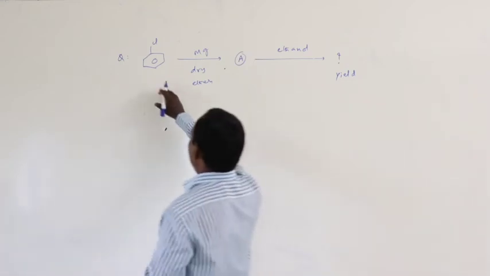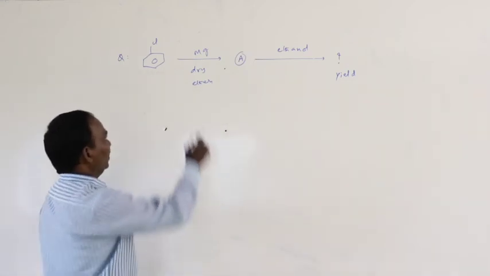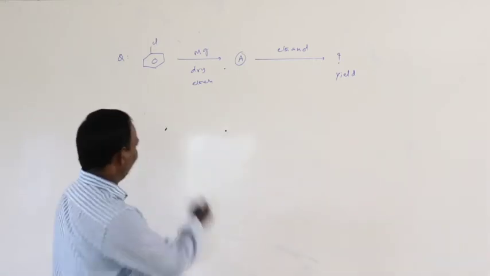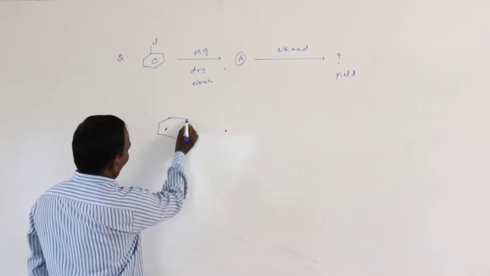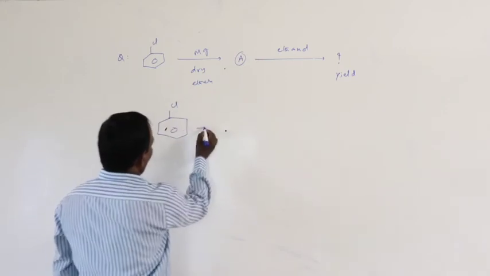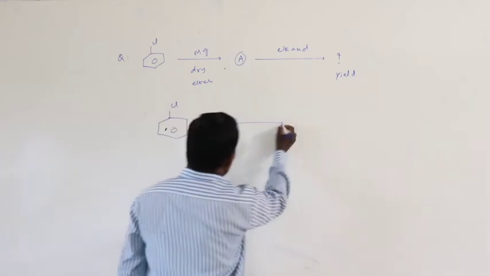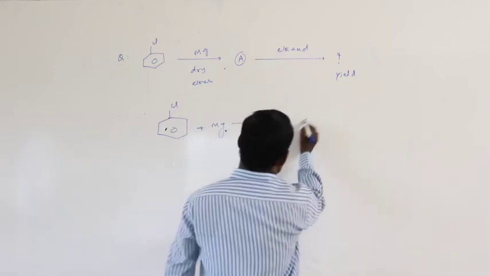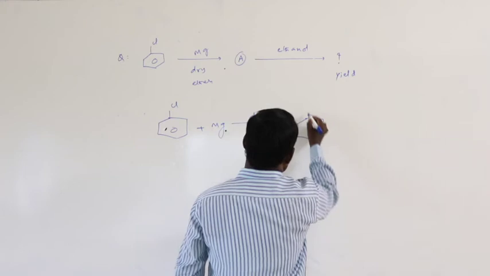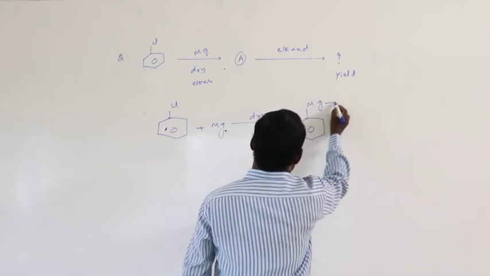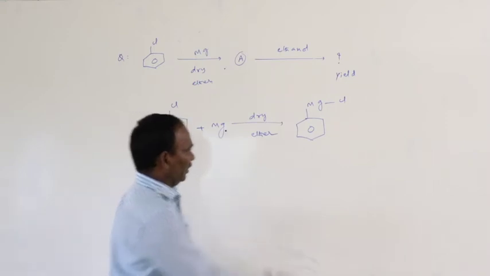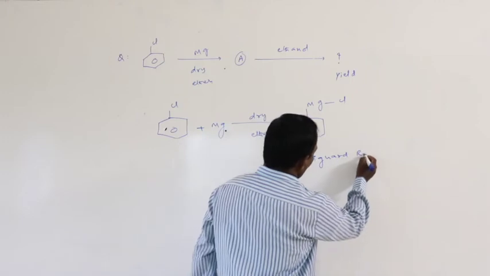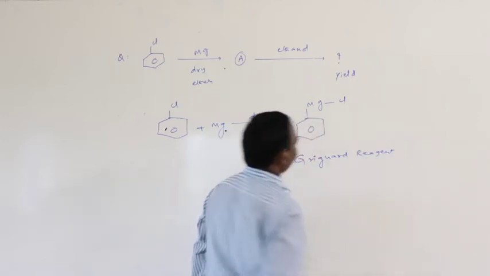Chlorobenzene is an aryl halide, and on treatment with magnesium metal in the presence of dry ether it produces a Grignard reagent, C6H5MgCl.